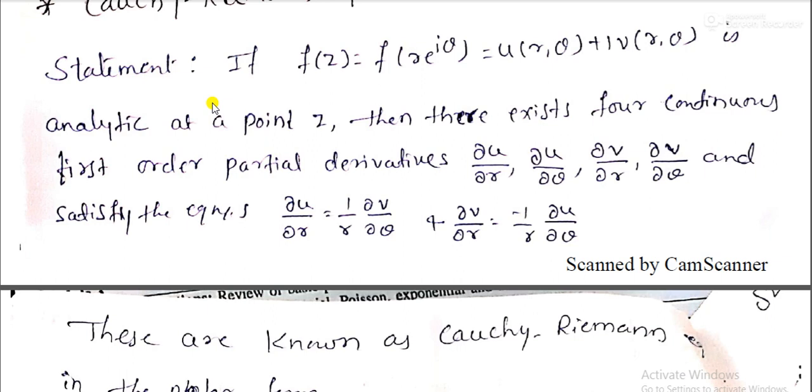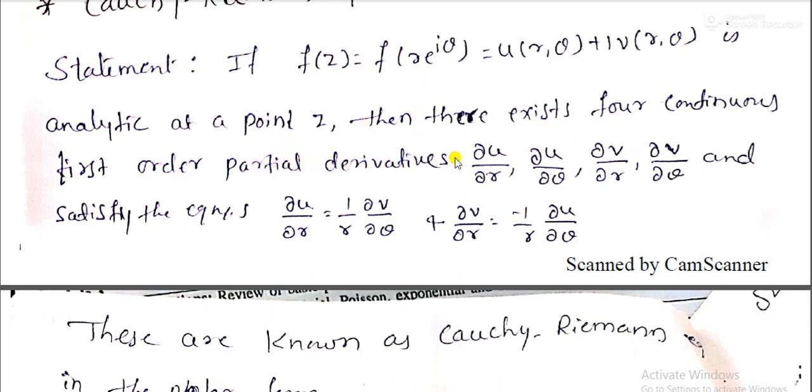The statement is: if f of z is equal to f of r e raised to i theta is equal to u of r comma theta plus i into v of r comma theta is analytic at a point z, then there exist four continuous first order partial derivatives.